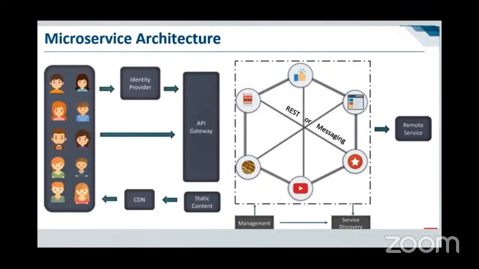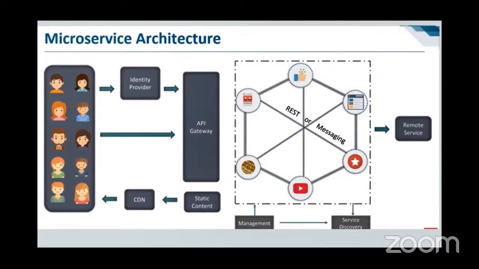In the previous example, we had learned about the MediaMole.com, which had several components, but all of them were combined as a single code base. But in microservice architecture, we will split up that entire application into individual microservices, and each of the microservices will be serving one particular business function.